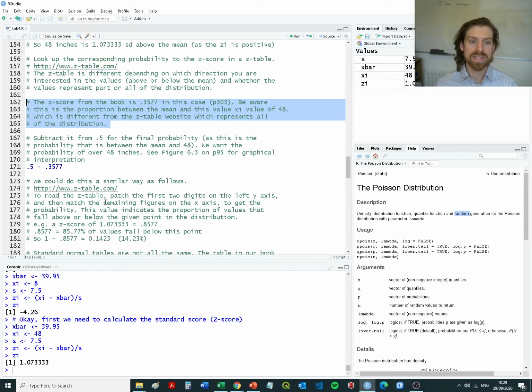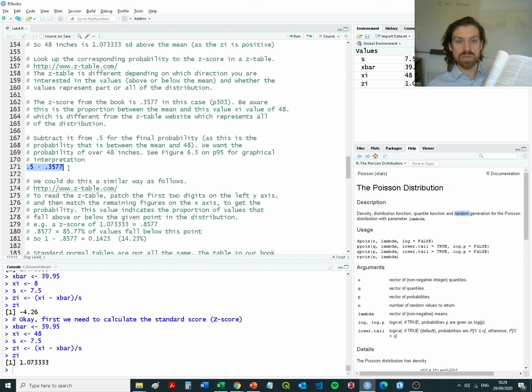Now, obviously, the quantity that's been provided to us is from the mean to the very top here. We need to subtract 0.5 in order for us to actually get the probability of all of those values that fall above the 48 inches.